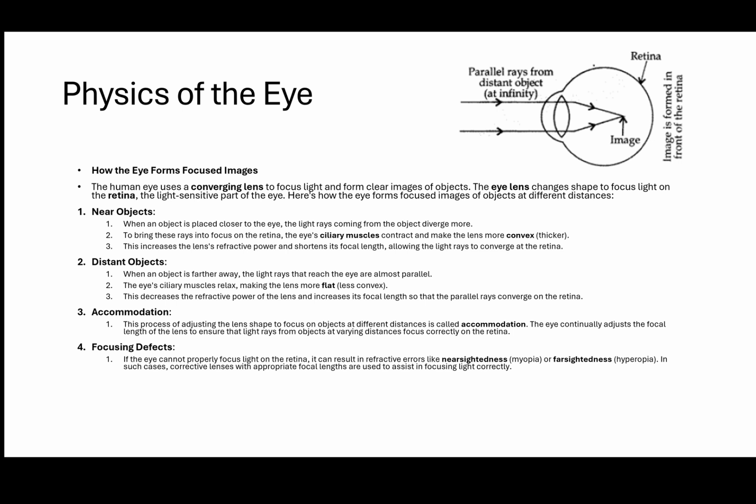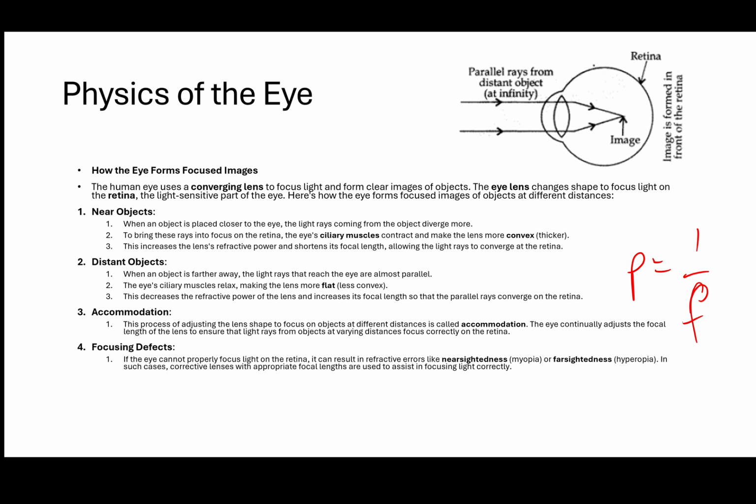To bring these rays into focus on the retina, the ciliary muscles will contract and make the lens more convex or thicker. This increases the refractive power and shortens the focal length. Remember that relationship, the power is equal to 1 over the focal length. So the eye itself would increase the power of the lens by shortening the focal length, allowing the rays to now converge on the retina.